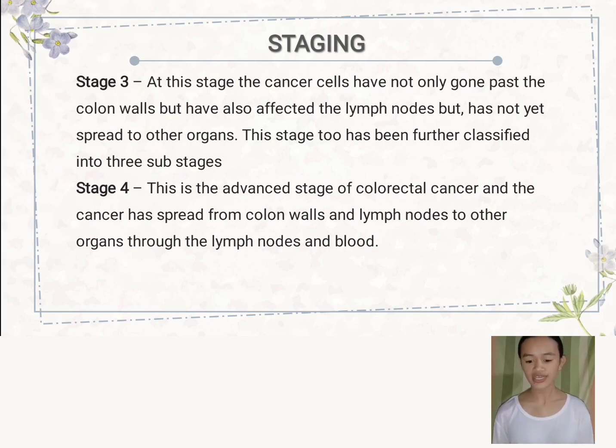At this stage the cancer cells have not only gone past the colon walls, but have also affected the lymph nodes, but have not yet spread to the organs. The last stage is Stage 4. This is the advanced stage of colorectal cancer, and the cancer has spread from the colon walls and lymph nodes to the organs through the lymph nodes and blood.